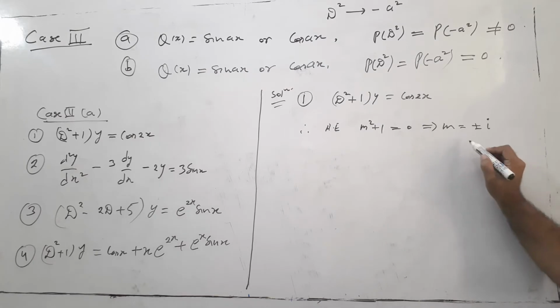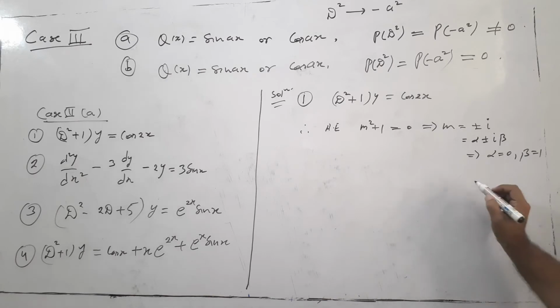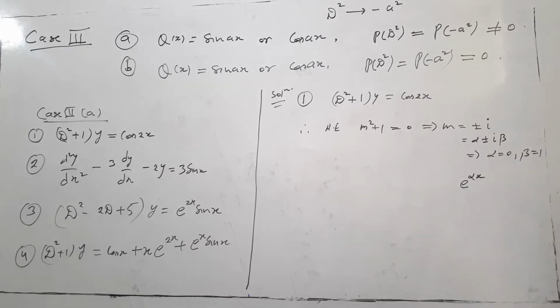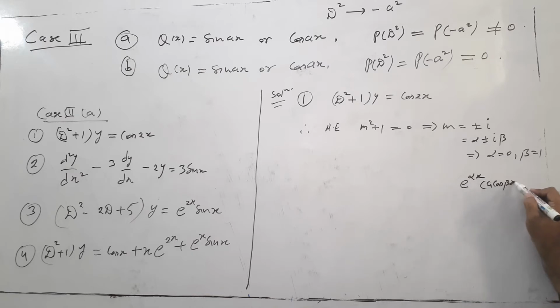Taking plus minus i beta, here alpha is 0 and beta is 1. We know that when the auxiliary roots are complex, the solution is e to the power alpha x times (c1 cos beta x plus c2 sin beta x).